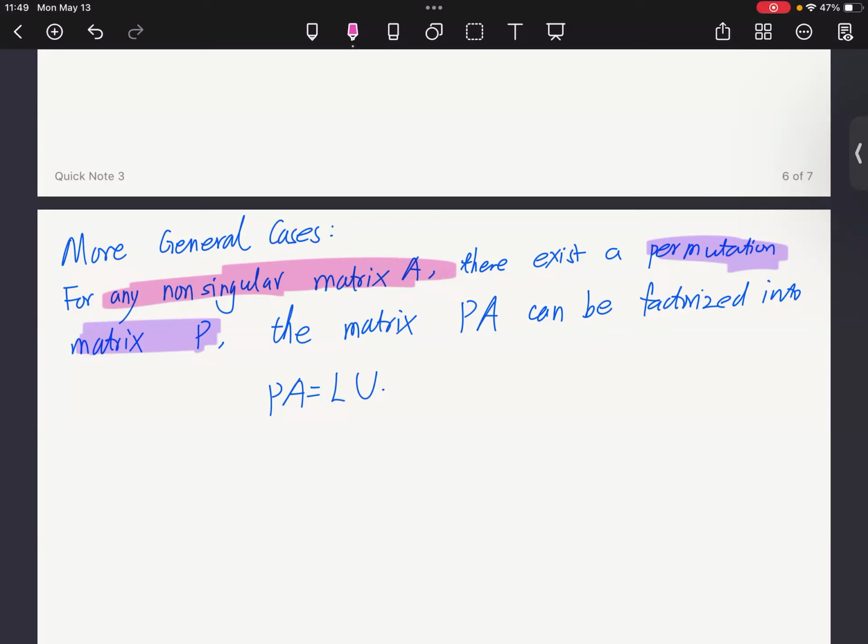So for example, if you are going to exchange row 1 and row 2, and let's say this is a 3 by 3 matrix, and we want to exchange to get row 2, row 1 and row 3, it's actually doing a matrix multiplication here.